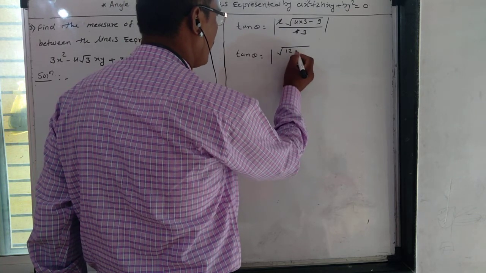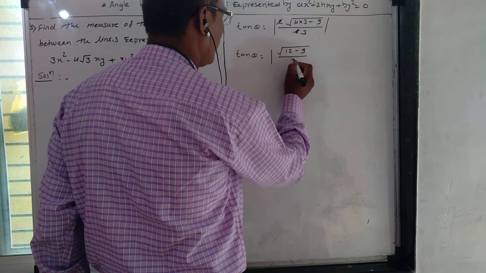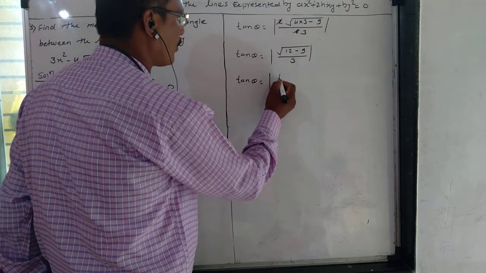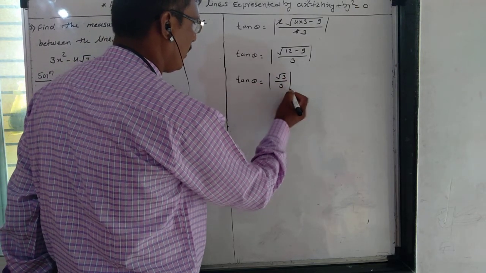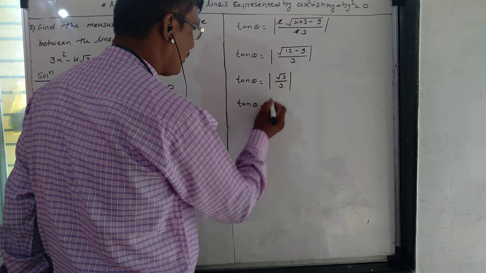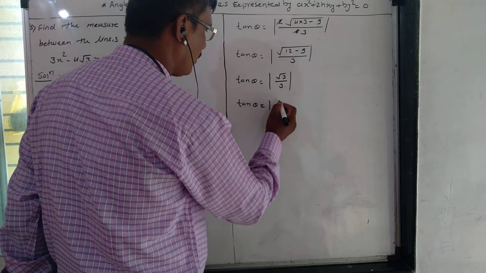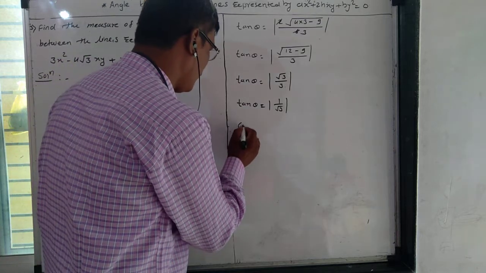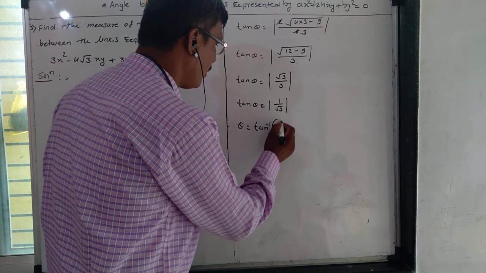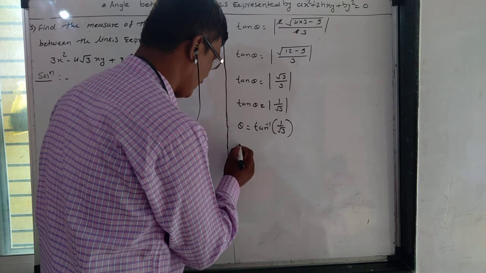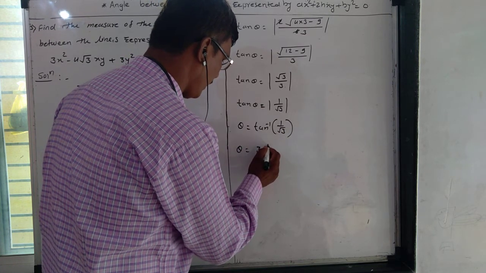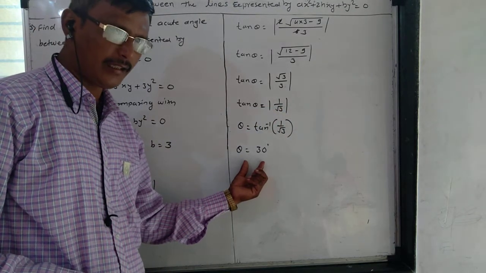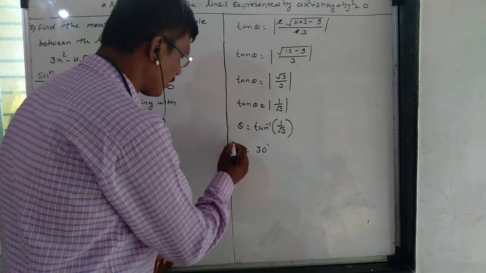3 × 12, 12 minus 9, divided by 3. Therefore tan θ = √3/3. Simplifying, this is equal to 1/√3, and therefore θ = tan⁻¹(1/√3), so θ = 30 degrees, because tan⁻¹(1/√3) is 30 degrees.